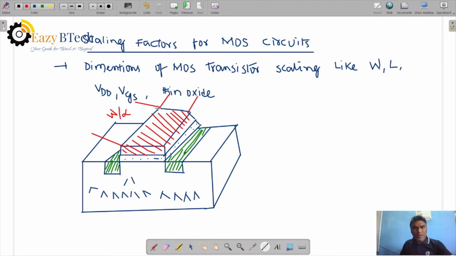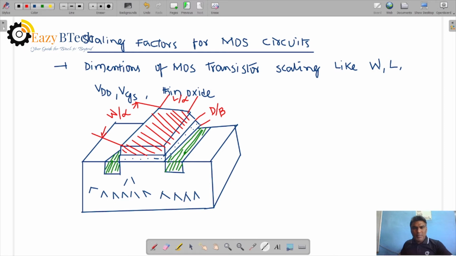Length of polysilicon is scaled by L by alpha, and here also the SiO2 layer will be scaled by beta parameter.